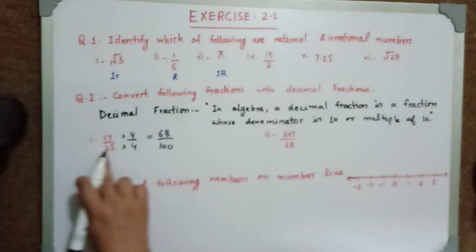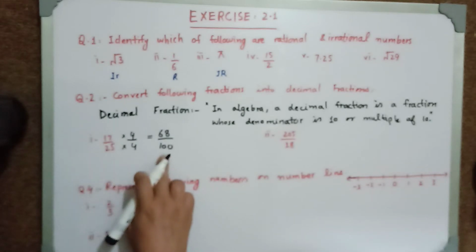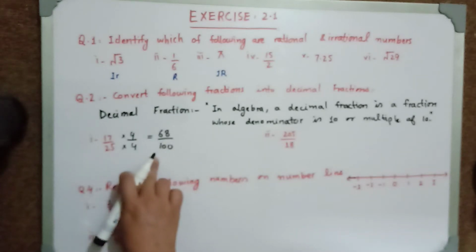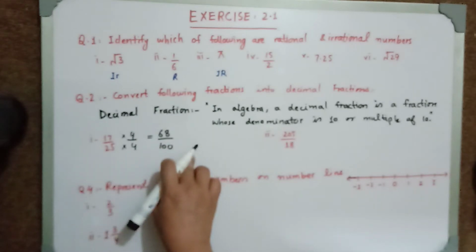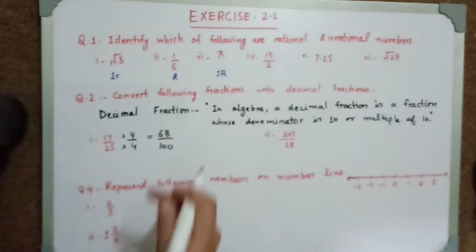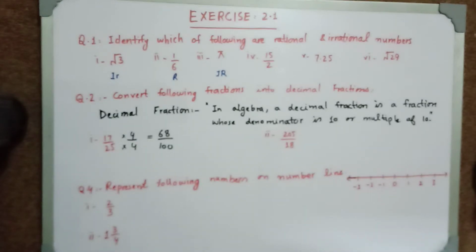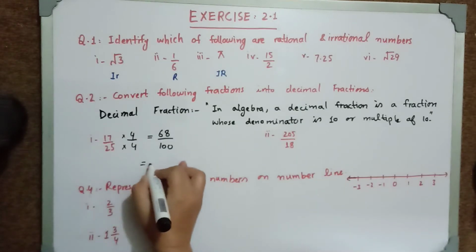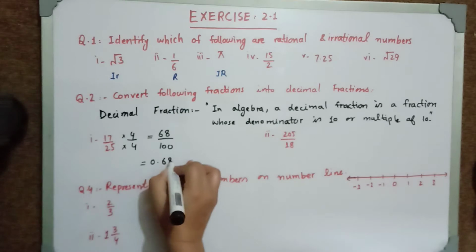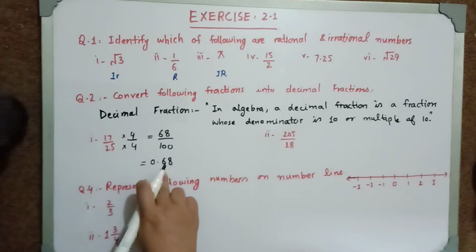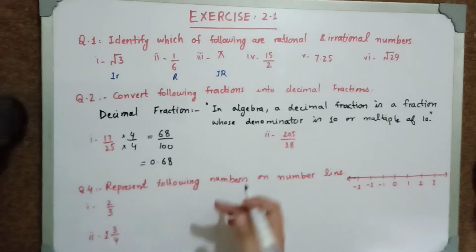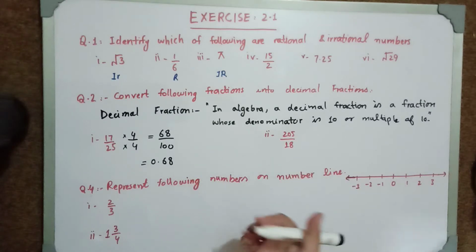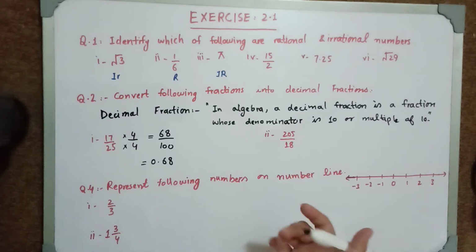Now we have converted this fraction into a decimal fraction because its denominator is 100, right? And 68 over 100 is 0.68. So that's all. You will convert the denominator to 10 or 100 or to 1000.